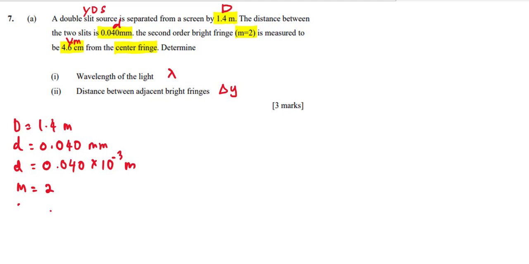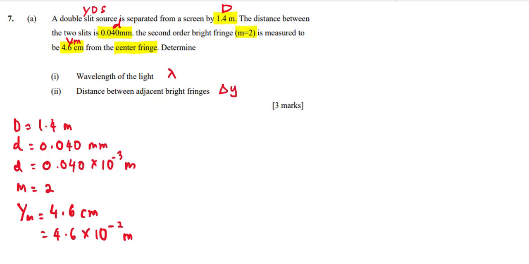And the distance from the center fringe to the second order bright fringe is 4.6 centimeter. That is ym equals 4.6 centimeter, that is 4.6 times 10 to the power of negative 2 meter.